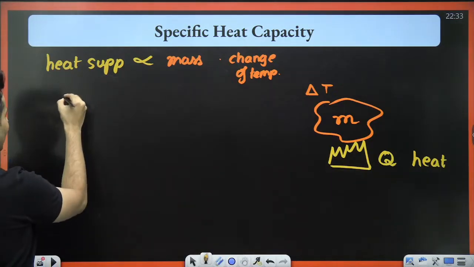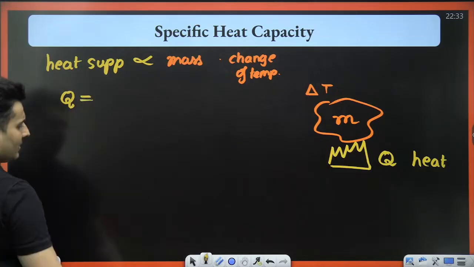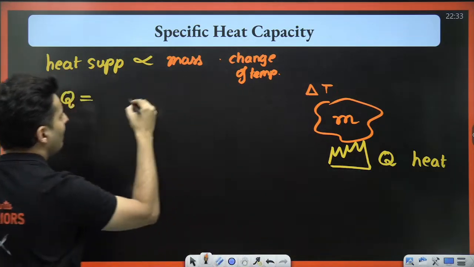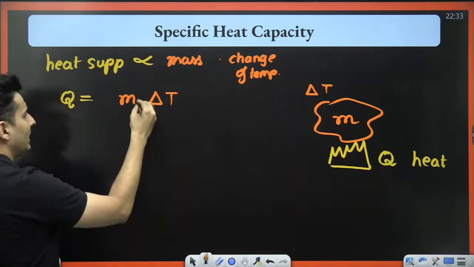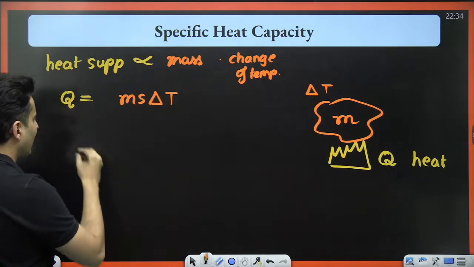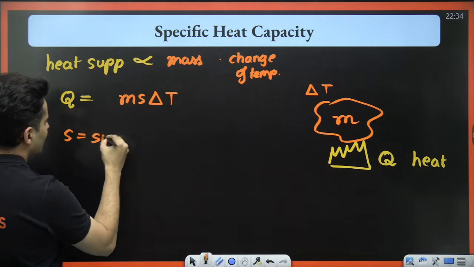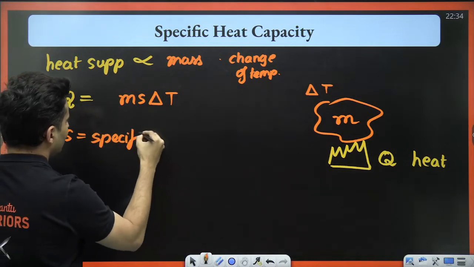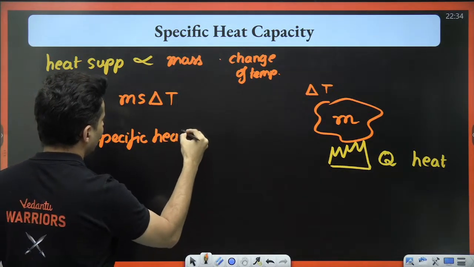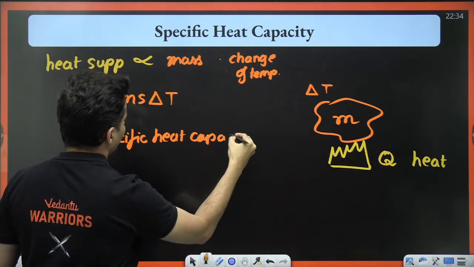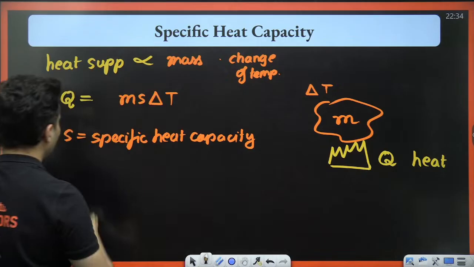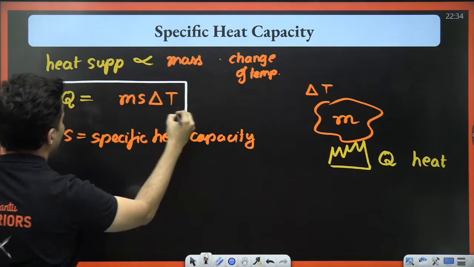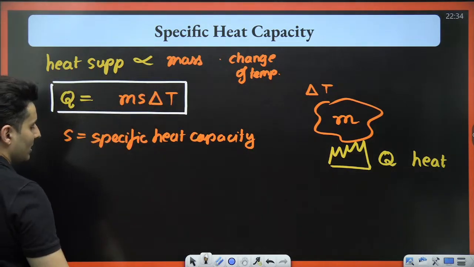So the heat supplied Q is equal to mass M, change in temperature delta T, the constant is S. This S is nothing but specific heat capacity. Specific heat capacity, as simple as that. Q is equal to m s delta T, S is the constant of proportionality.